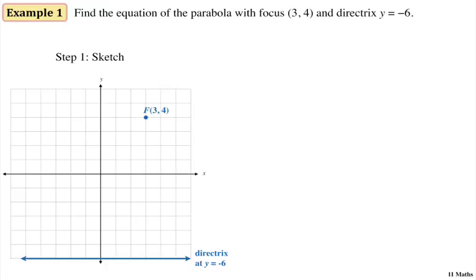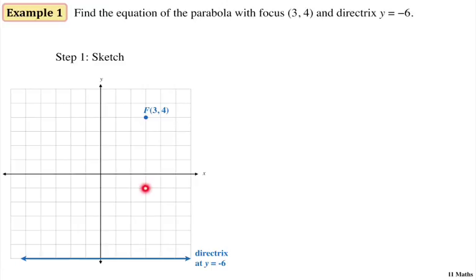Now the important thing to know is that the focus we've got listed, the directrix we've graphed. If you look from the focus to the directrix using a straight line that's perpendicular to the directrix, halfway between is where the vertex would be for the parabola.